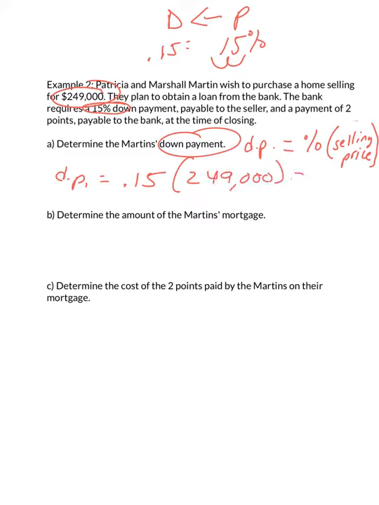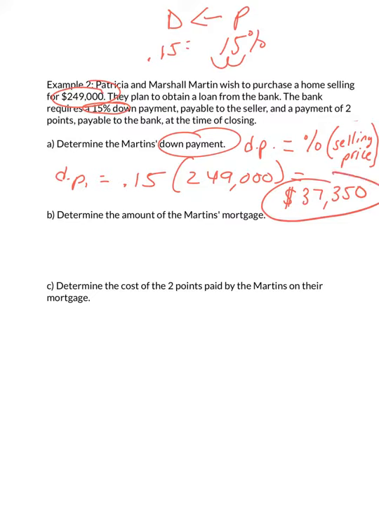For this particular loan, the bank is saying that they have to pay 15% of that cost. So 0.15 times 249,000 means that they would have to pay $37,350 on the day of closing before they get the keys to that house.